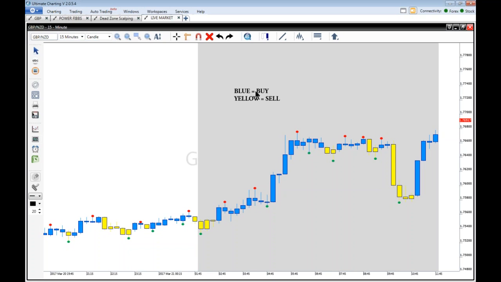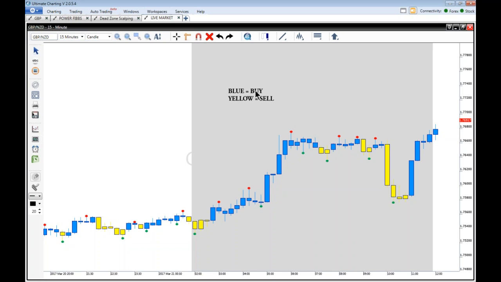So what does that mean? That means that now we wait. The blue means buy, so we're going to wait. Okay, blue color. Step 1, blue candle means buy. Okay.